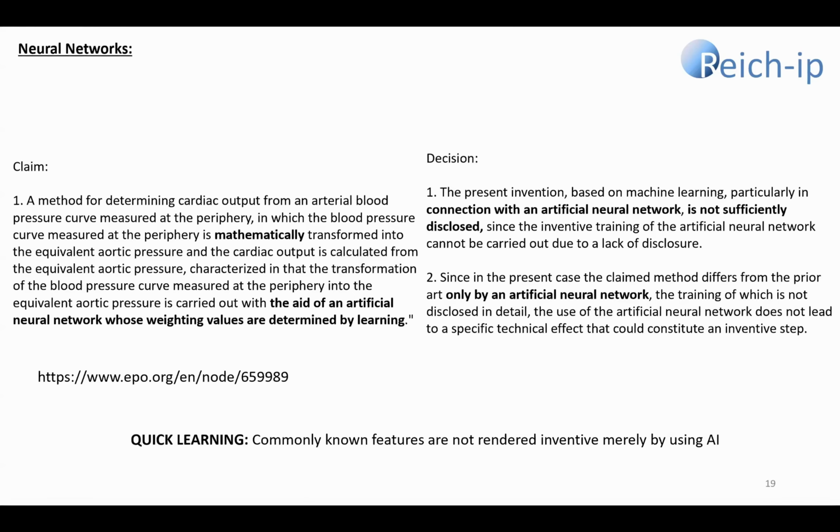So what was ruled in this decision is that it is not enough merely to provide an artificial neural network, but you have to disclose further features, so the claim as such becomes inventive.